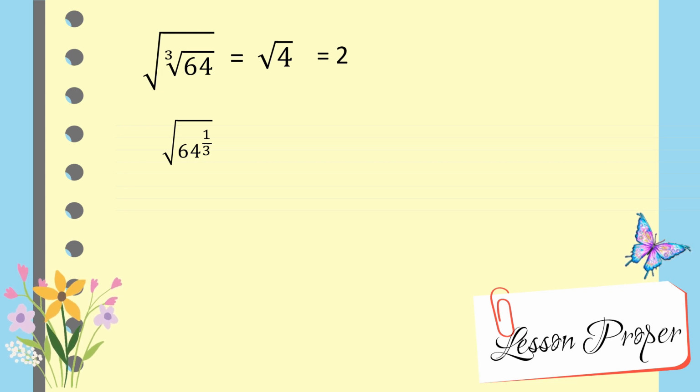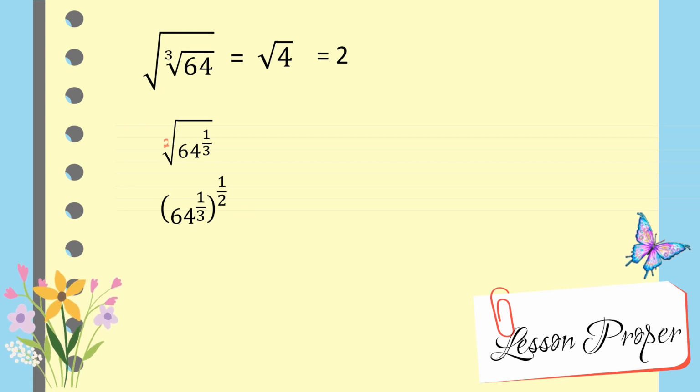So we have 64 raised to 1 over 3. And square root of 64 raised to 1 over 3 can be written in expression with rational exponents as 64 raised to 1/3 raised to 1/2, the index 2.